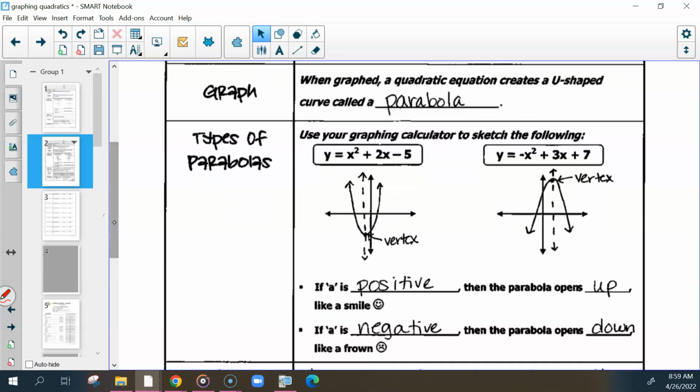And that is dependent on the a value in front of x squared. If the a value in front of x squared is positive, it will go up. If it's negative, it will go down. So on the graphs given, you can draw a rough sketch of it.